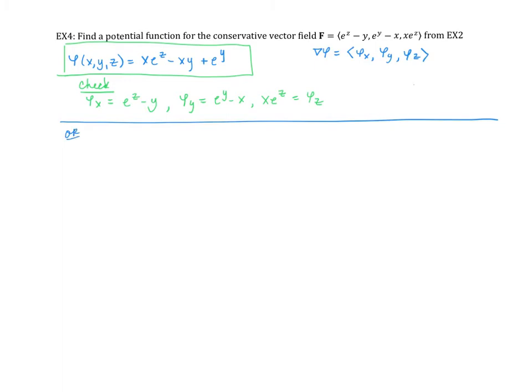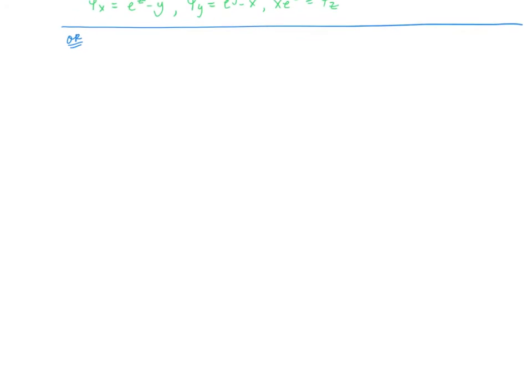Or, let's go back through the procedure. First, take the partial of phi with respect to x and set it equal to f, which is e to the z minus y. Then you integrate both sides with respect to x, which is kind of what I did mentally in that first step. So again, you can always guess and check, or you can go through this procedure.